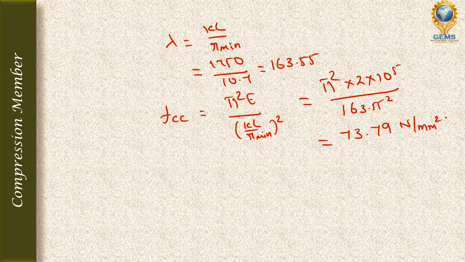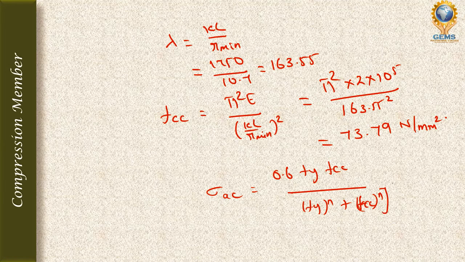In the formula for sigma AC, we know 0.6 Fy, we know FCC, so we can substitute everything in the formula, because n is already given in the question.